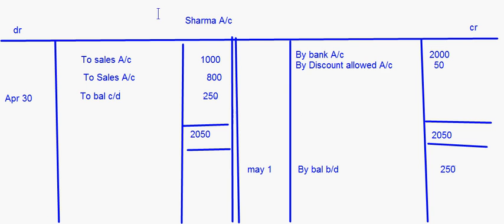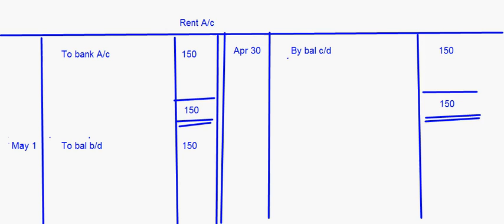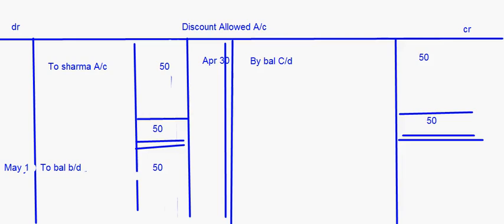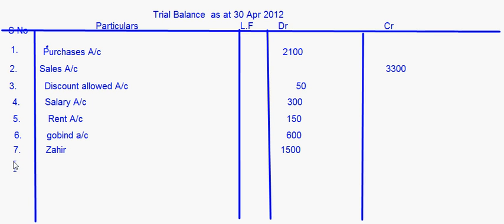Sharma account has a credit balance, this coming on this side, credit side, 250 rupees, right? So you will write eighth one, here you will write Sharma and this one is 250. Okay, Zahir account, Sharma account, like this you will write.